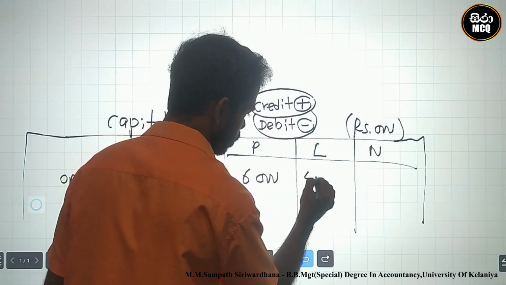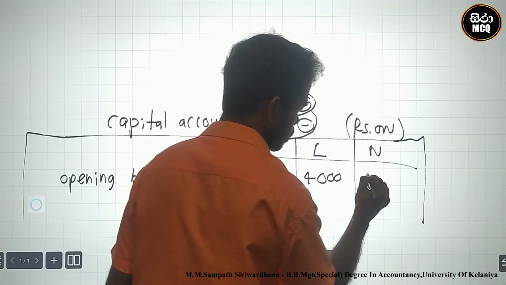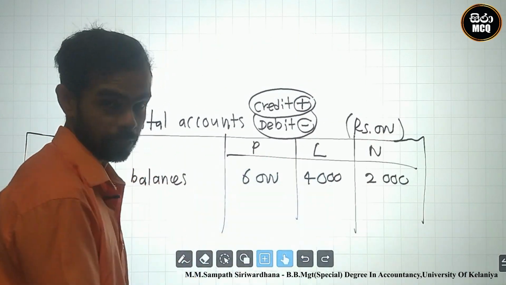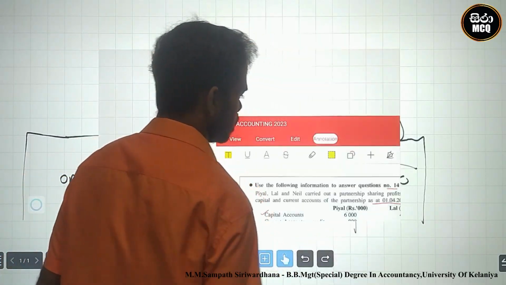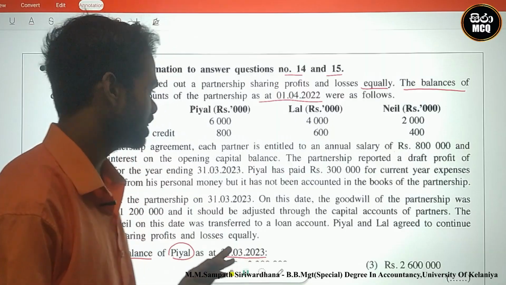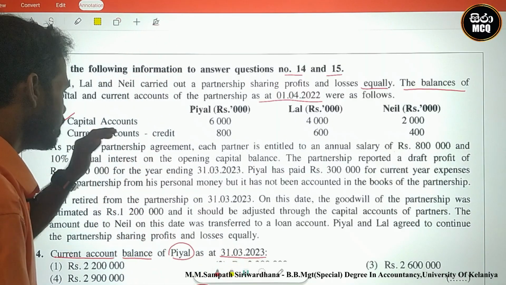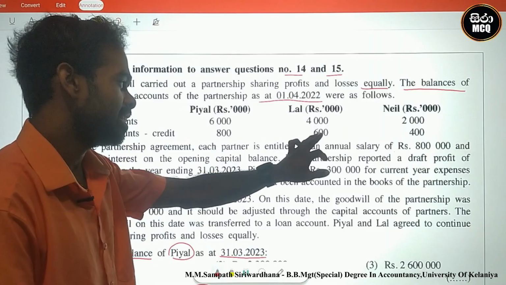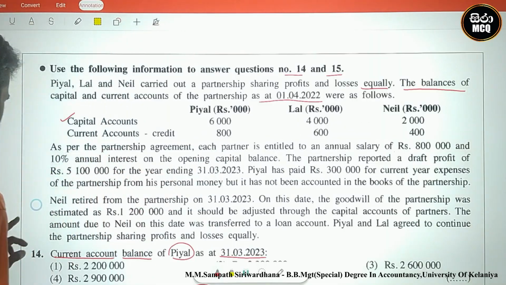These are the opening balances of the capital accounts. For current accounts, credit is the normal balance: 800, 600 and 400.